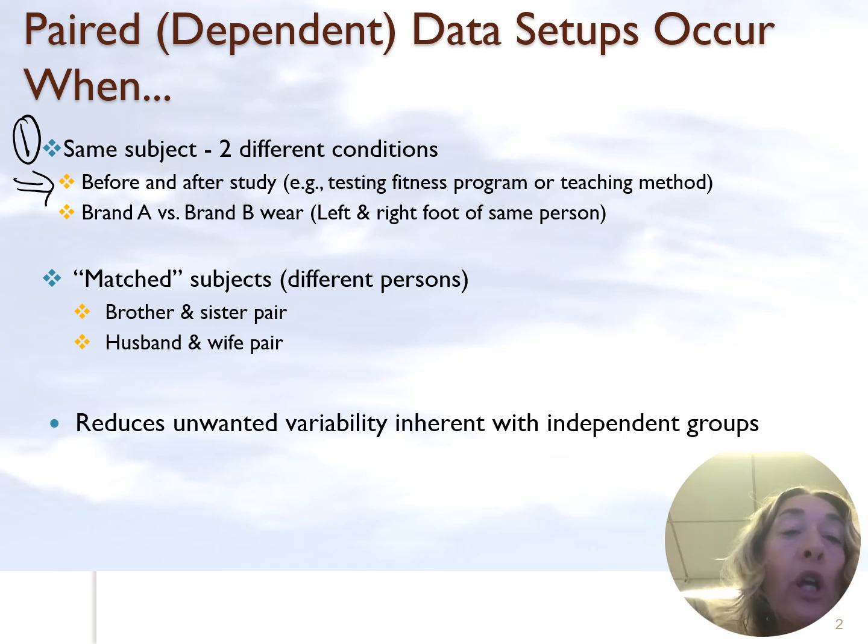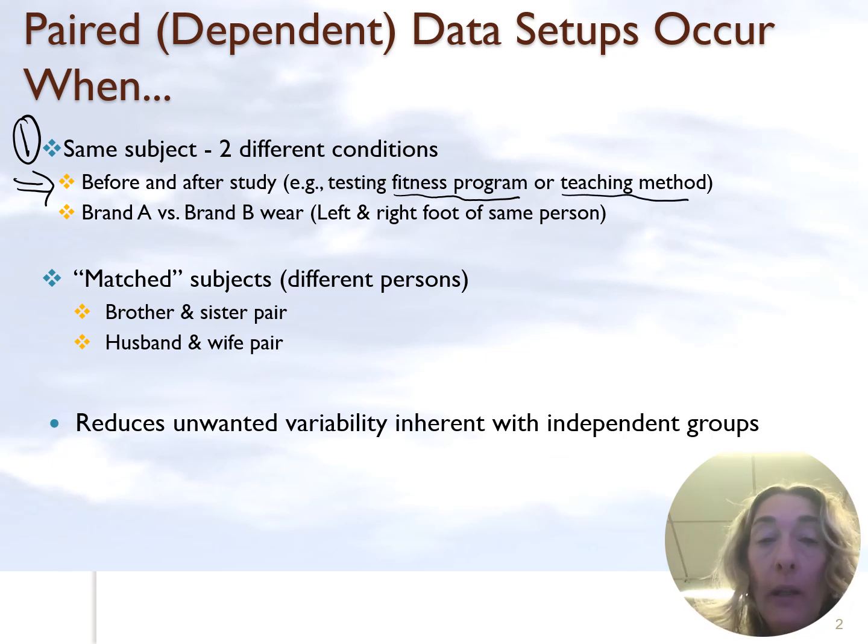For example, you might record scores for the same person both before and after a new fitness program that you're trying to test, or a new diet regimen, or perhaps a new teaching method in the classroom.